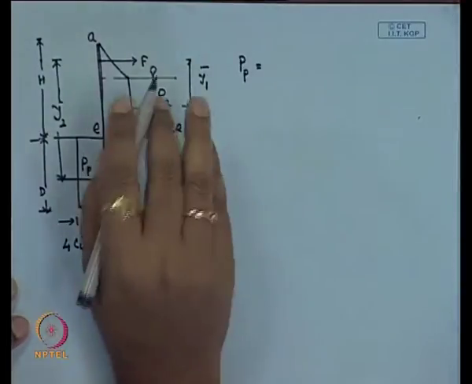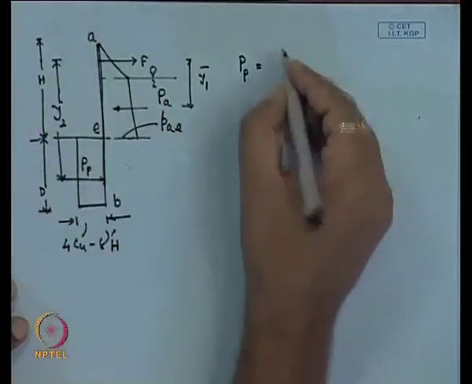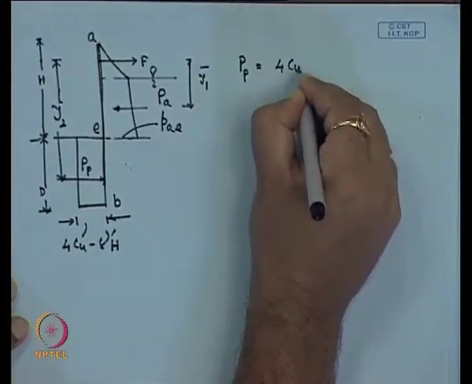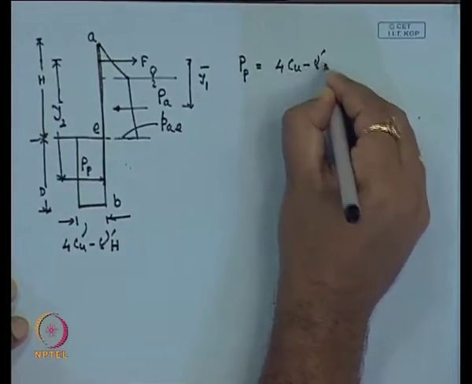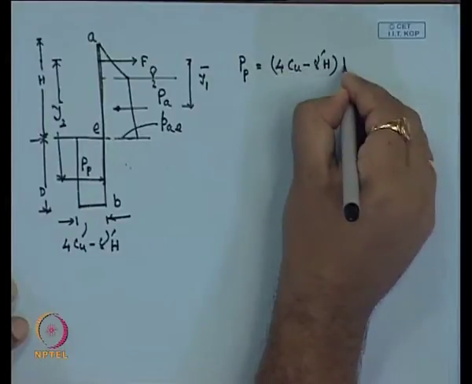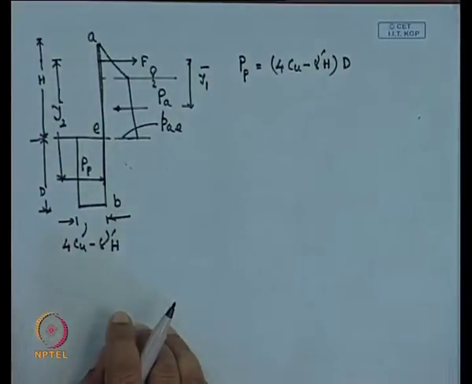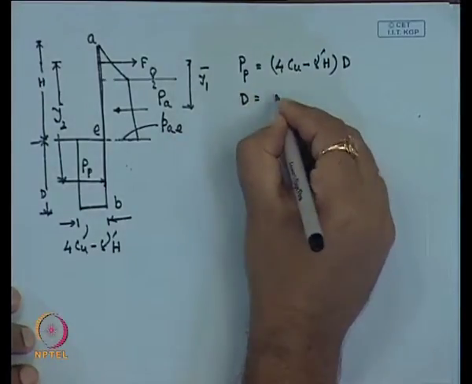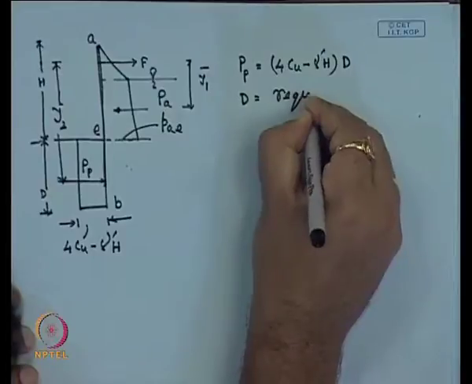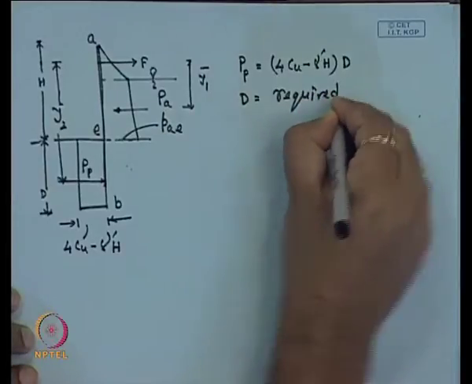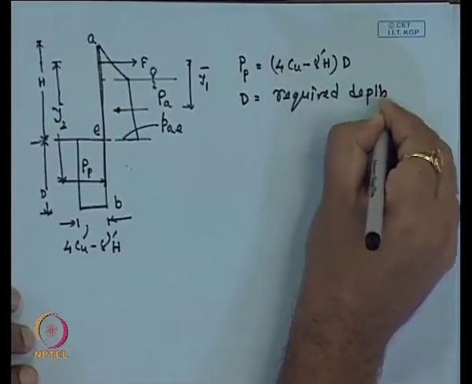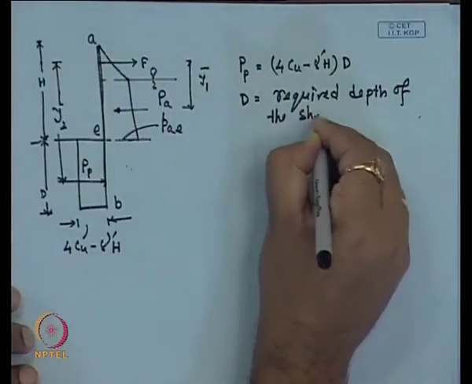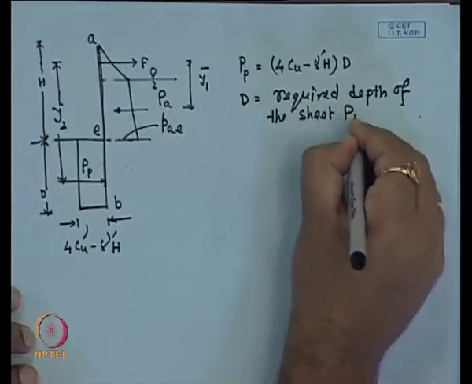So, that part is fine, but we have to calculate this P P. That P P is here 4 C U minus gamma dash H into D, where D is the required depth of the sheet pile.